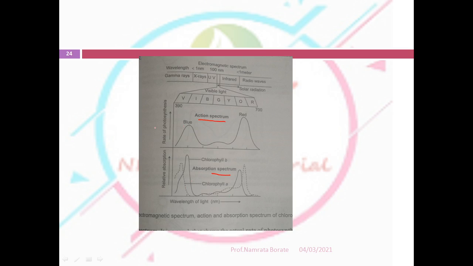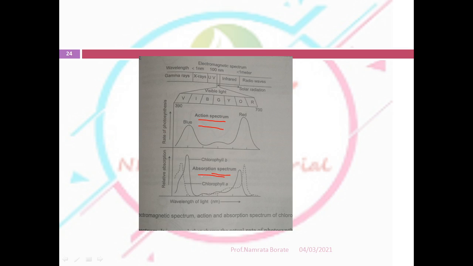The absorption spectrum shows the amount of light absorbed at different wavelengths, which start from 390 to 730 nanometer. But the action spectrum shows the use of light energy of different wavelengths.